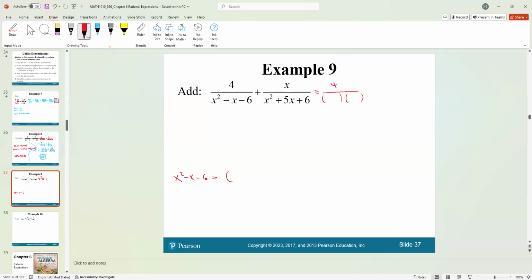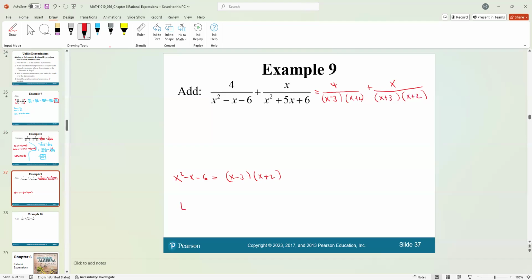Two numbers that multiply to give you negative 6 and add to give you negative 1 are negative 3 and 2, right? So we can factor this one as x minus 3 times x plus 2, plus x over what? How would you factor that one? We said two numbers that multiply to give you 6 and add to give you 5. Oh, 3 and 2, right?